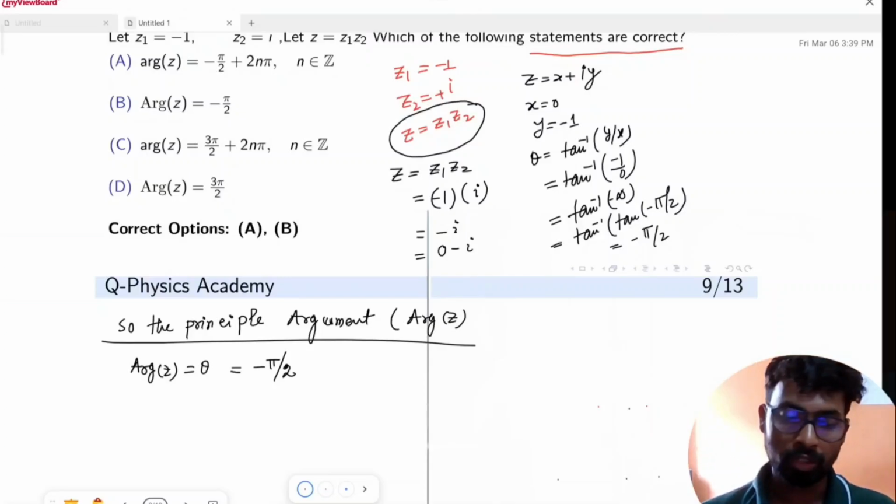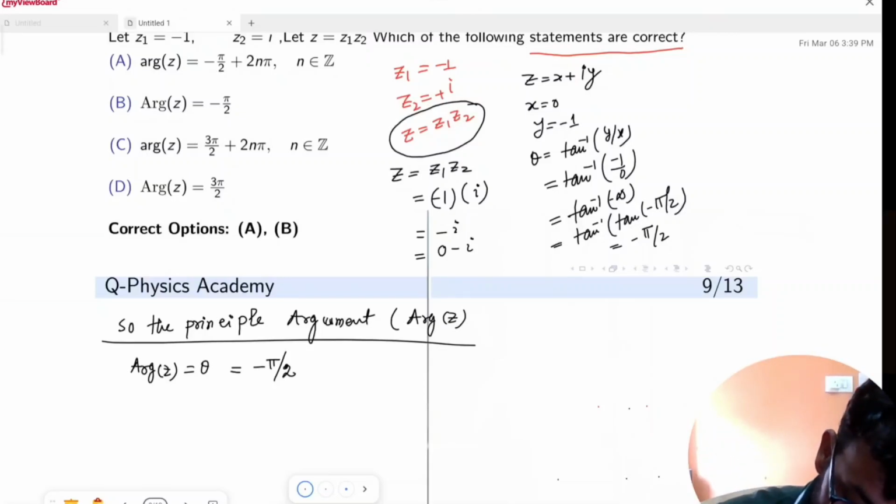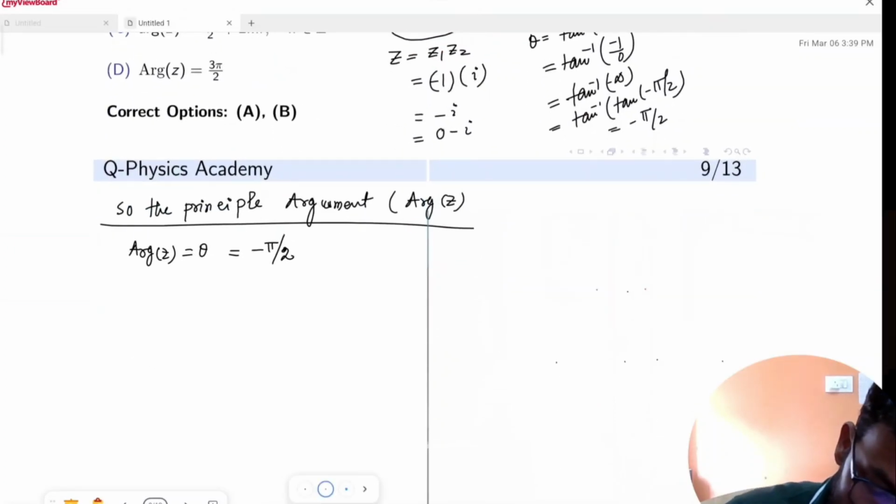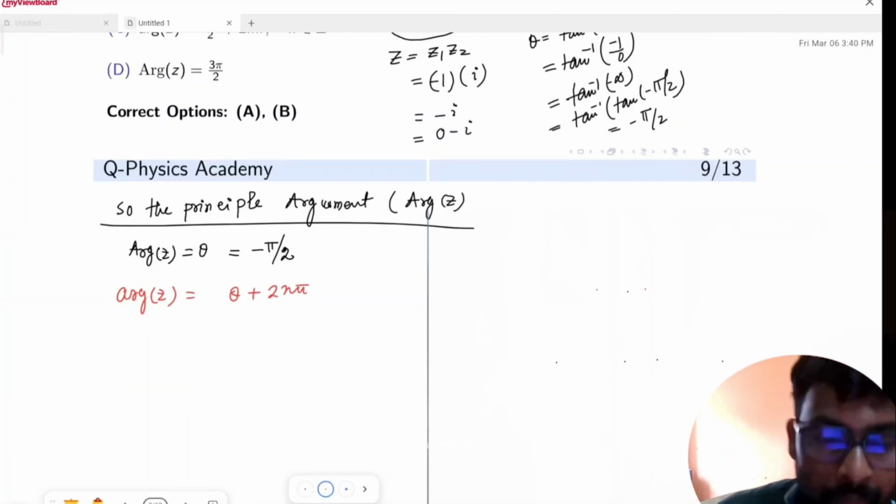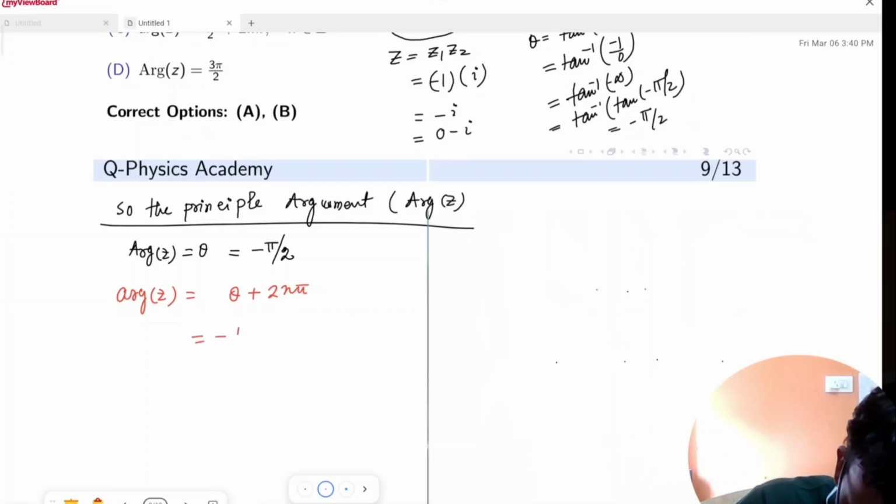Now let's try to calculate the arguments, right? To calculate the arguments, we already know the formula. The argument of z is theta plus 2n pi, so it equals minus pi by 2 plus 2n pi.